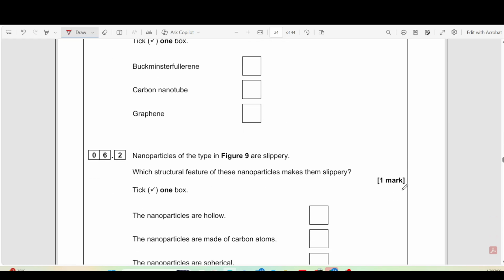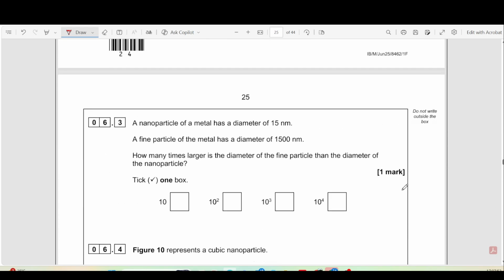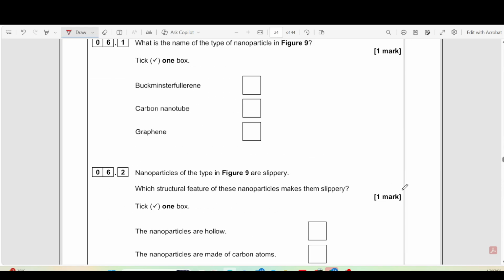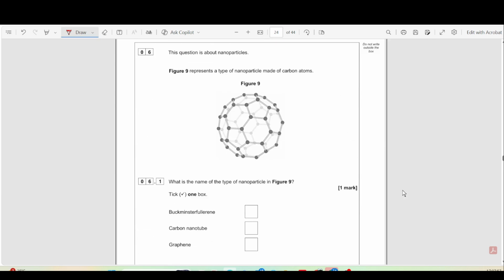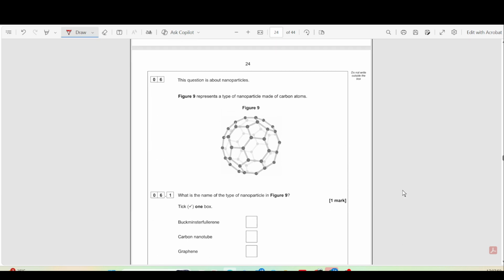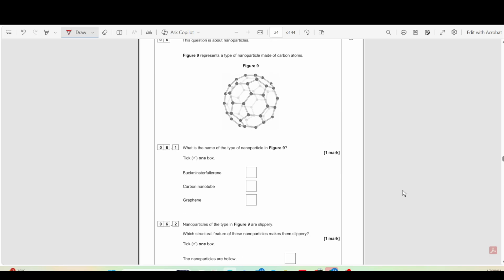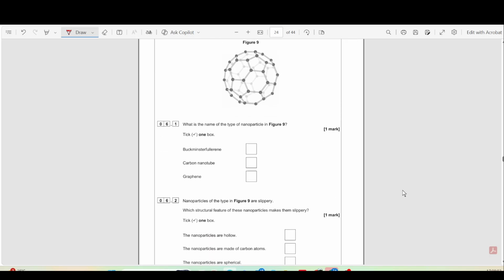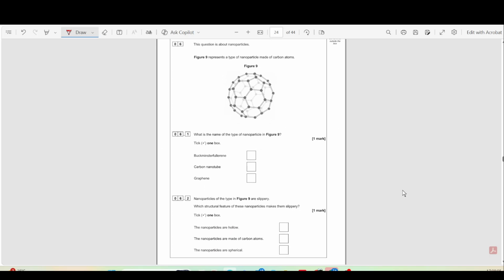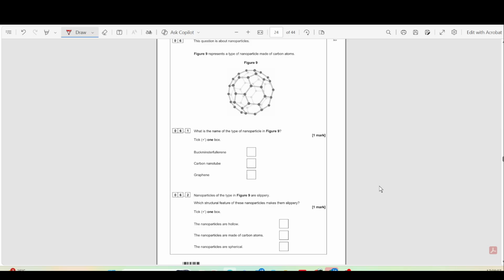Now let's see this question. This question is about nanoparticles, and this is a nanoparticle made up of carbon atoms in figure 9. The first question says: what is the name of the type of nanoparticle in this figure?